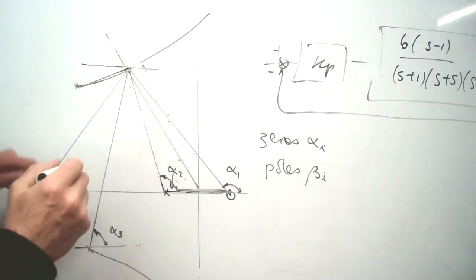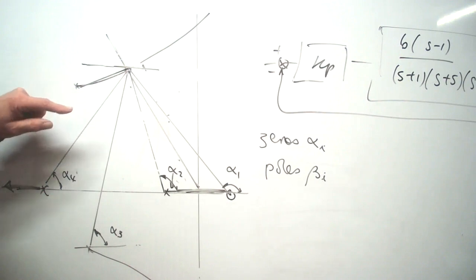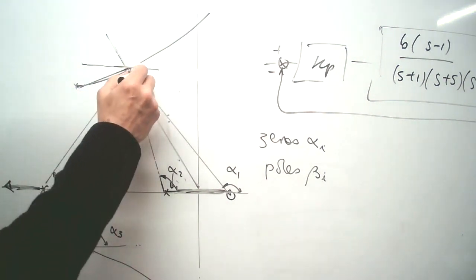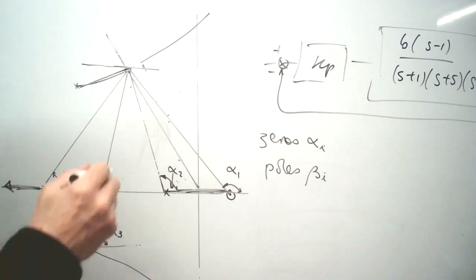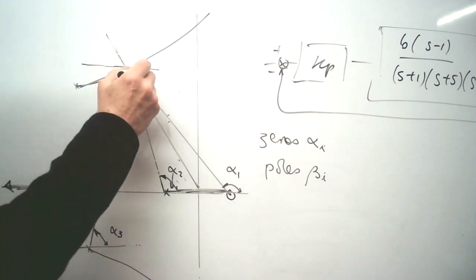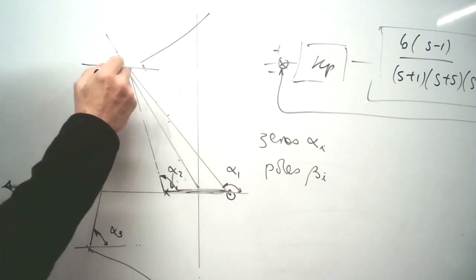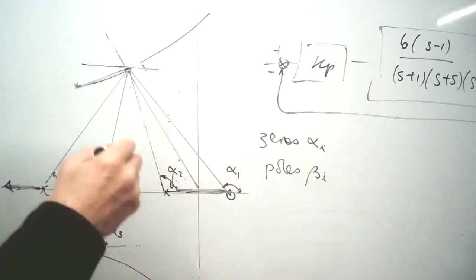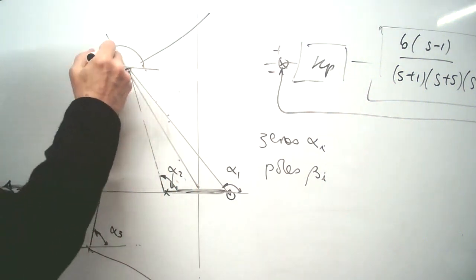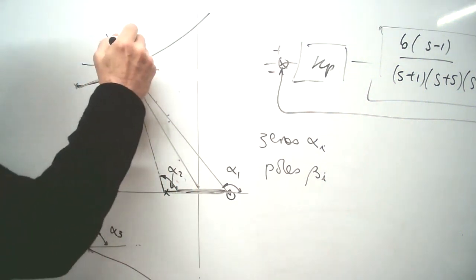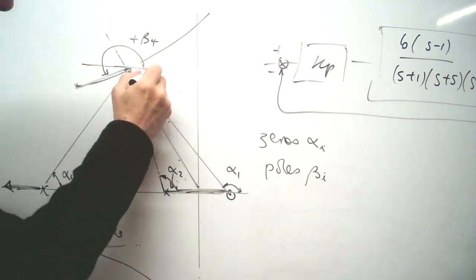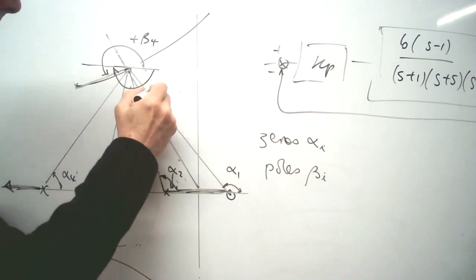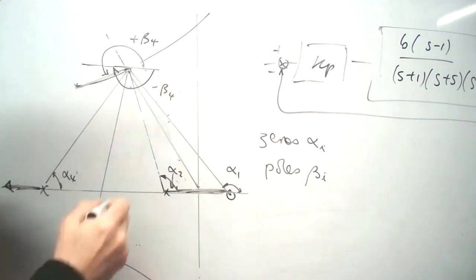Now to get this angle here, this one's below the line, so it's a bit awkward. So you've got two ways of measuring. You can go around that way as a plus beta 4, or you could go that way as a minus beta 4.